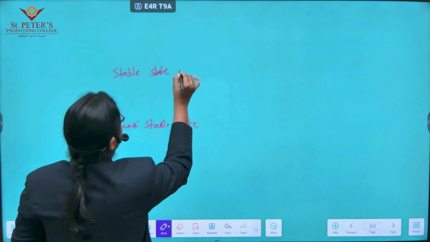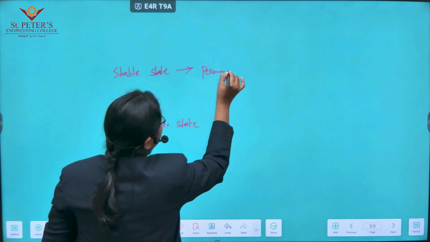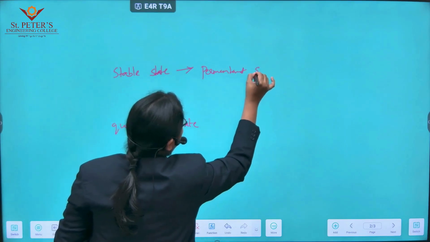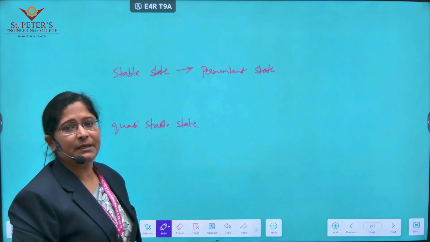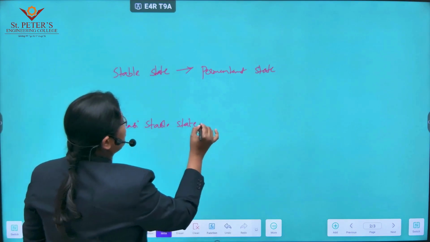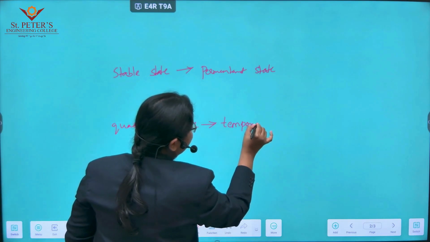So a stable state is also called a permanent state. And coming to quasi-stable state, it is called a temporary state.